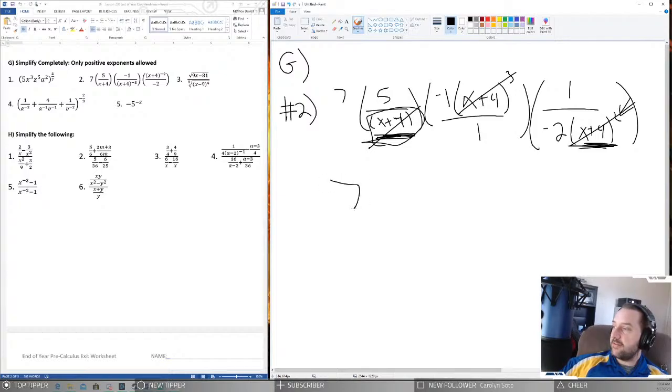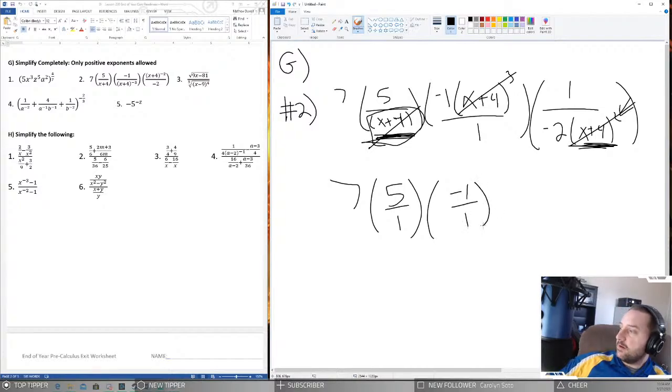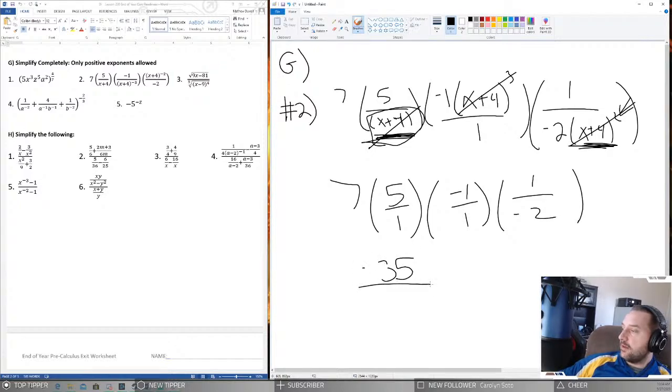So I'm left with 7 times 5 over 1 times negative 1 over 1 times 1 over negative 2. So 5 times 7 is 35, times negative 1 is negative 35. And then on the bottom I have negative 2, so that's going to be 35 over 2.